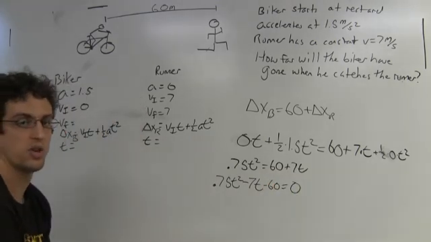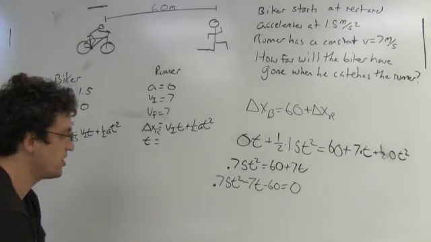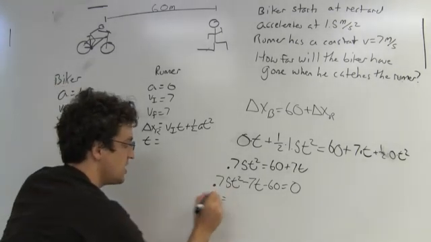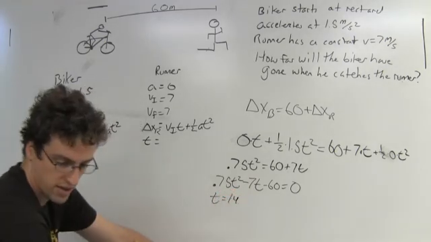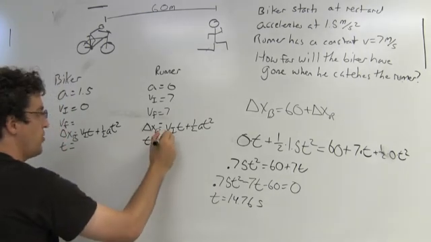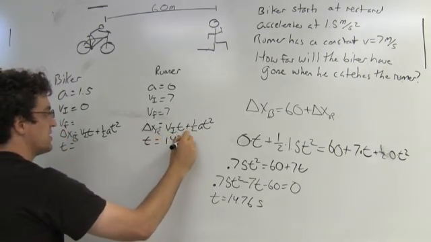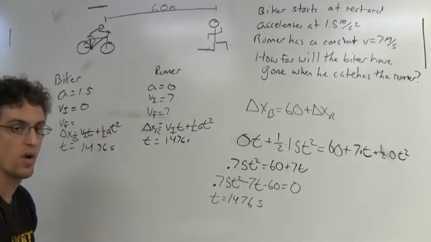At this point, you'd want to use the quadratic formula, which I won't throw out there for you, and we should get that time is equal to 14.76 seconds. So both times are 14.76 seconds.